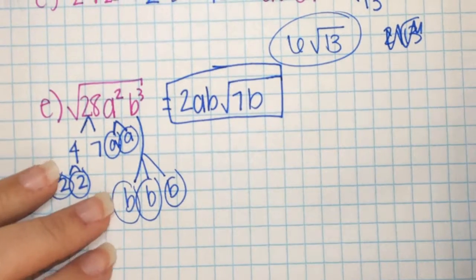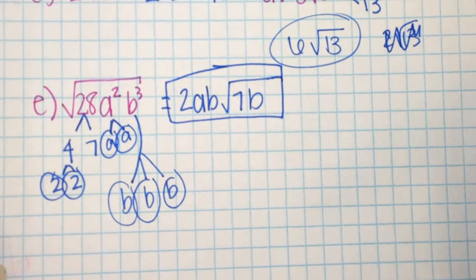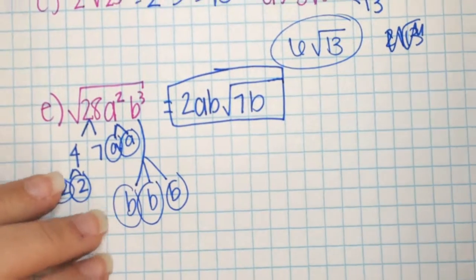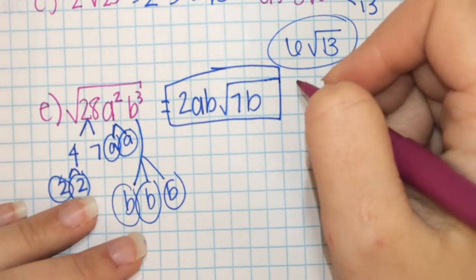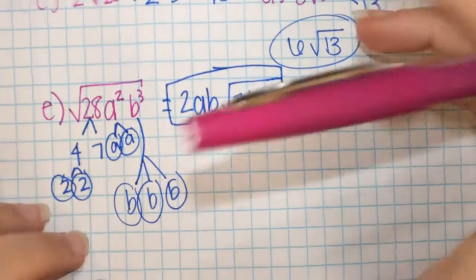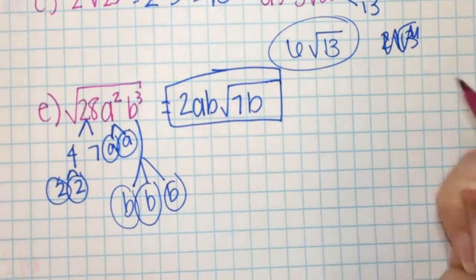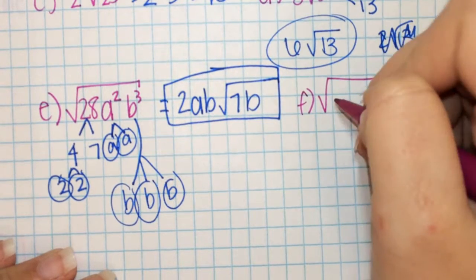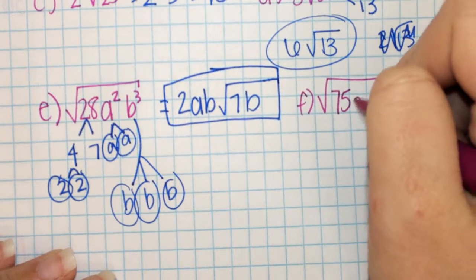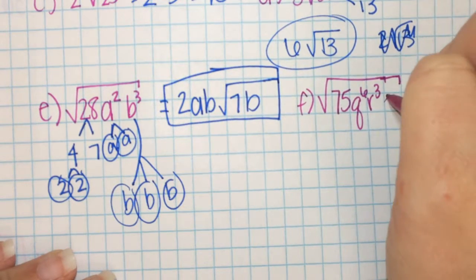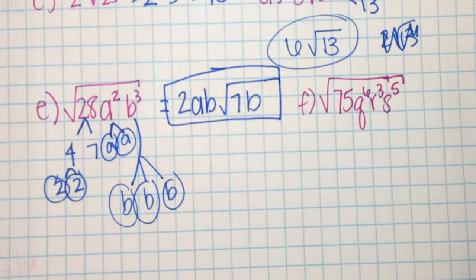Okay. You want to go crazy for the next one? Sure. All right. Let's do 75 q to the 6th r cubed s to the 5th.